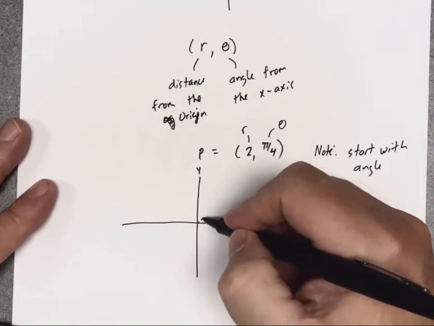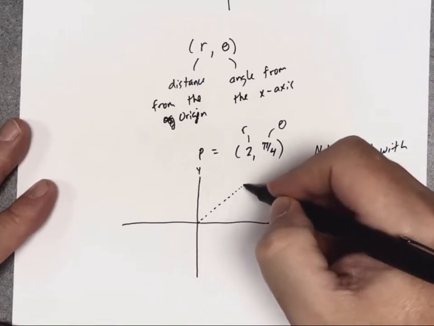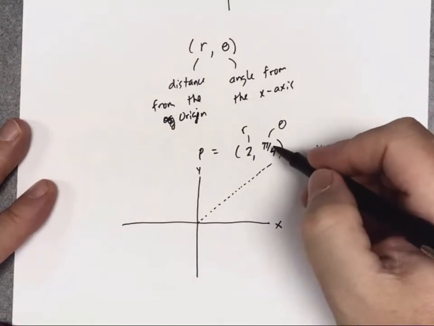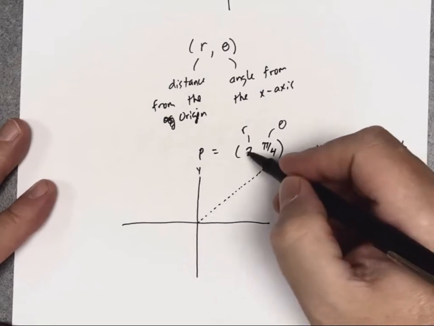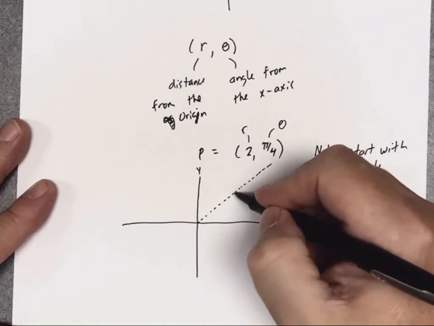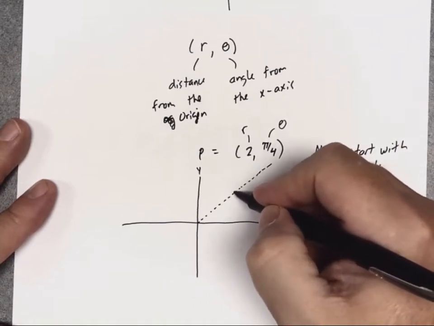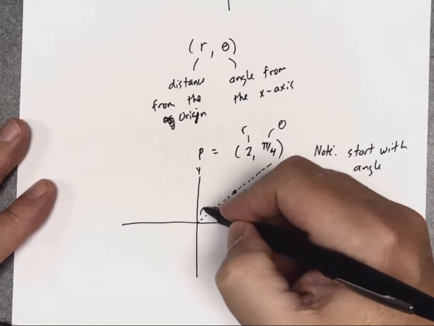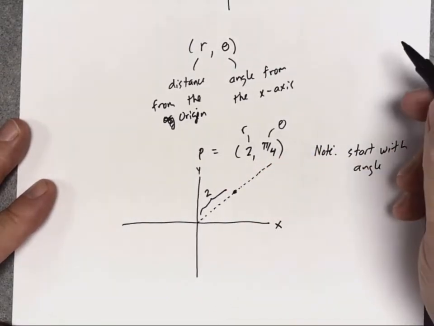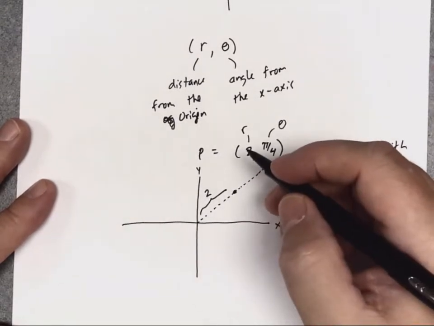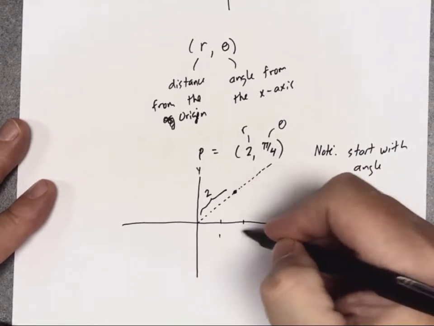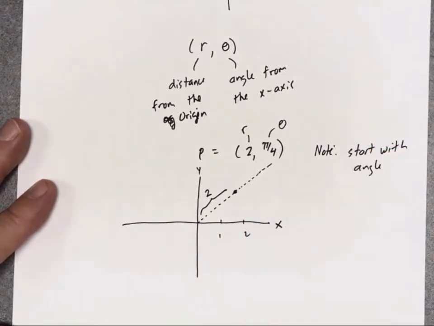So I could draw a dashed line for pi over 4. And now, once I know my angle, I go a distance of 2. Here's a typical coordinate system. That's a distance of 2.